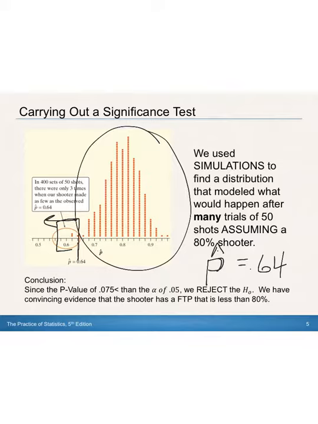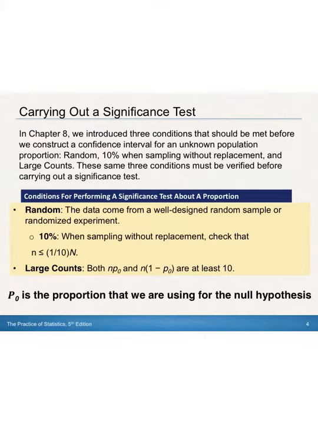This was using simulations to create this sampling distribution, but assuming that our conditions are met, we can use what we know about normal curves to do that. So in Chapter 8, we introduced 3 conditions that have to be met before we can construct a confidence interval.